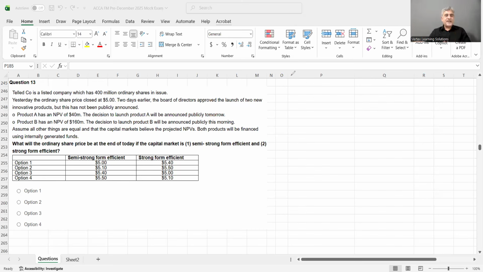People are already starting to answer the question, because I think we discussed a similar question a day before, if I'm not mistaken. So what will happen that 5.1, 5.4, semi-strong form efficient market.